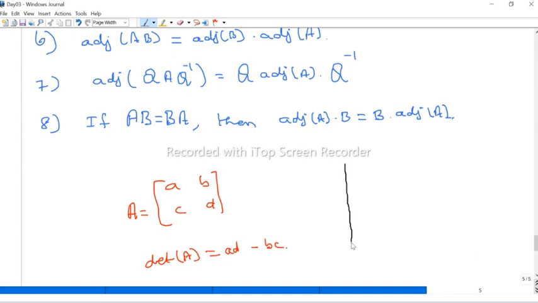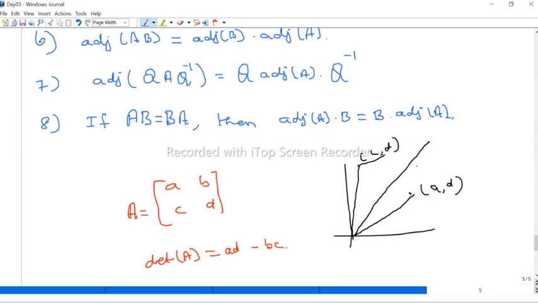Suppose we have a plane here. Consider the first row as a point, A comma B, the first element. And the other row is C comma D. They form a parallelogram, something like this. If you take the sum, it should be the diagonal.